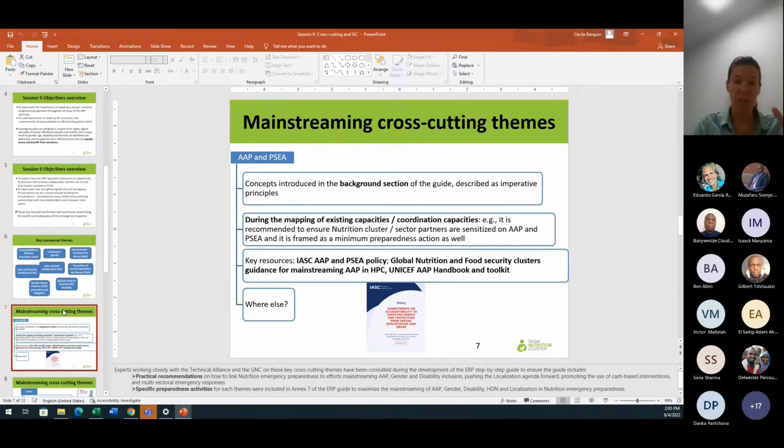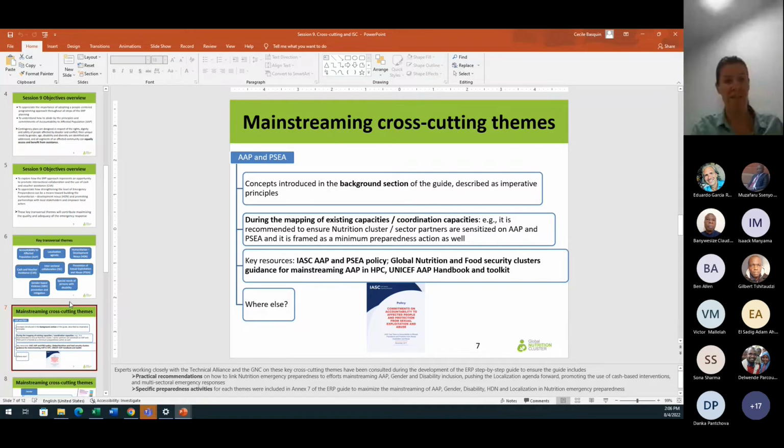And with these experts, we've tried to provide practical recommendations on how to link your nutrition emergency preparedness efforts with approaches to mainstreaming these key cross-cutting themes, and proposed specific examples of preparedness actions that you have in the guide.